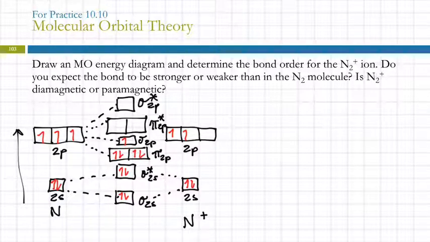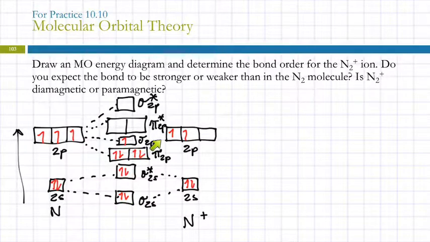Following the same rules as when we were filling regular atomic orbitals: no more than 2 in a box, they have to be spin paired, and if you can, you put them in separately. Low energy to high energy.